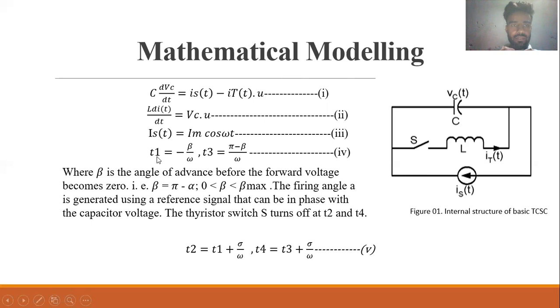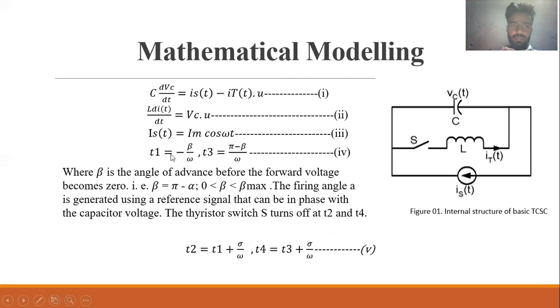Here we are dividing our TCSC to operate in four time periods: T1, T2, T3, and T4. Our TCSC is on between T1 and T3, and for T2 and T4 it is off.